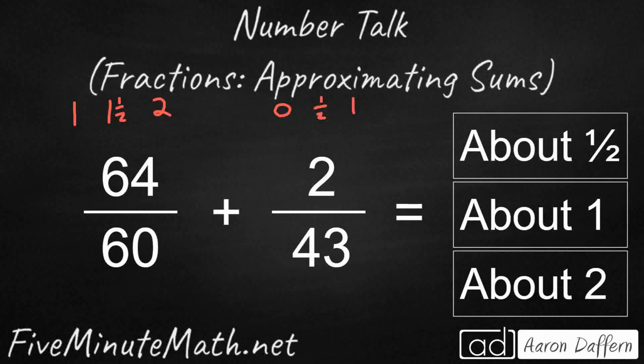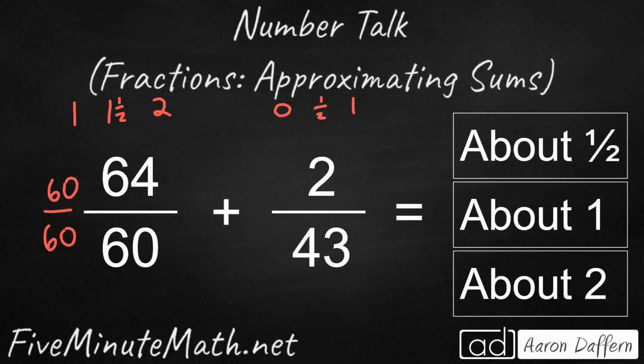So let's look at the 64 over 60, and it's improper, but it doesn't seem like it's improper by much. Right, so the easiest thing to do is think, well, what would 1 whole be? Well, that means that we're going to look at the same numerator as denominator. So that's 60 over 60. And how far away is that 64 over 60 from the 1 whole 60 over 60?